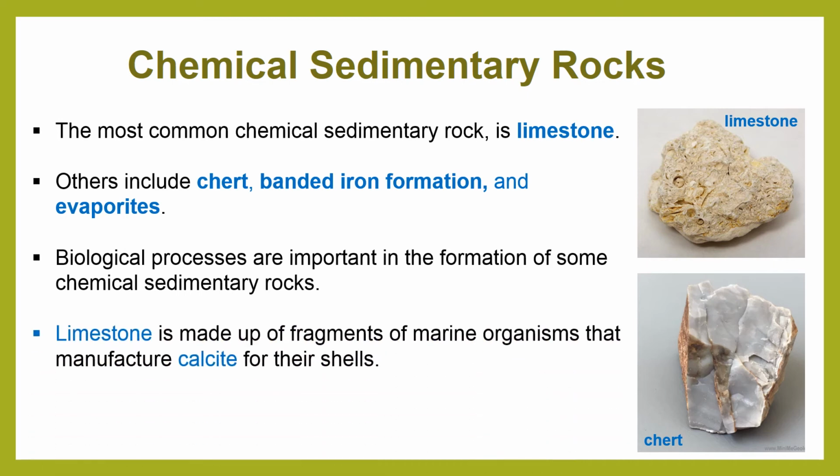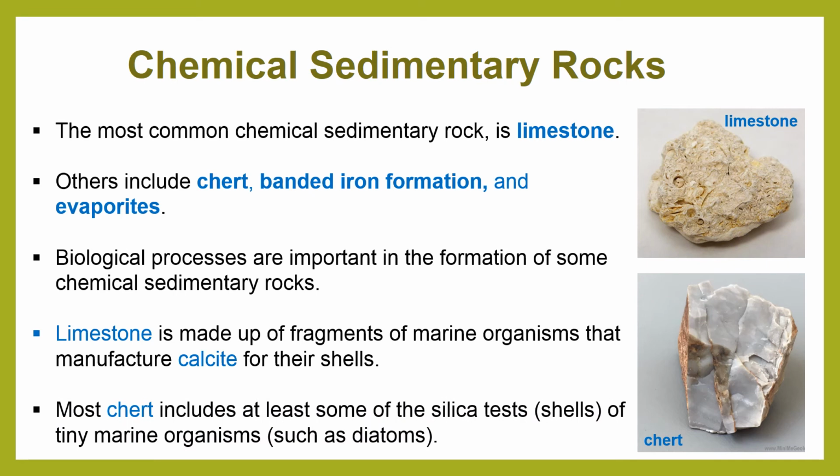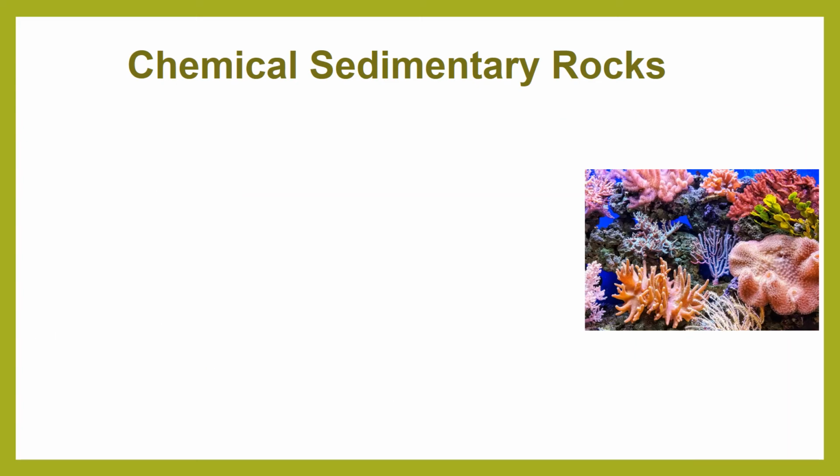Limestone is composed of fragments of marine organisms that manufacture calcite, and we all know calcite is a mineral, for their shells. Also, some organisms such as diatoms, tiny marine organisms, have silica shells.